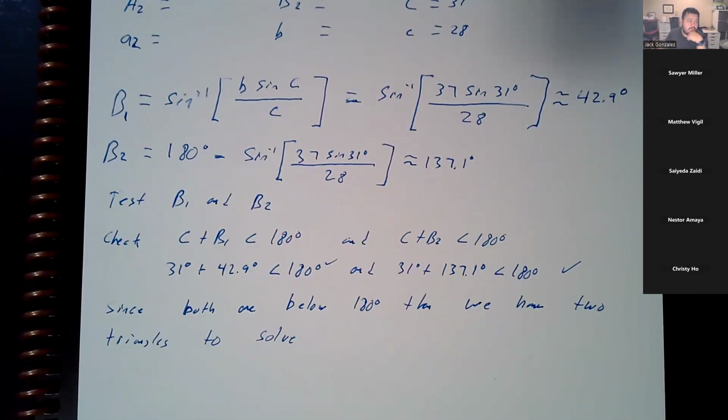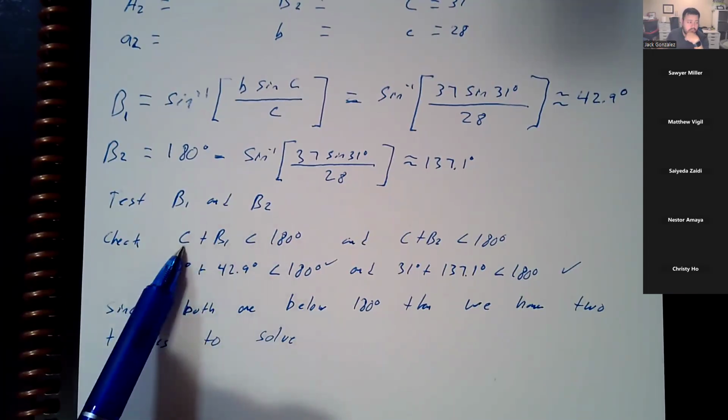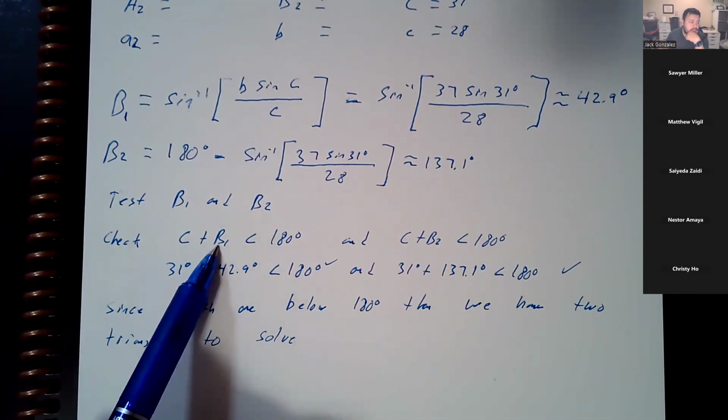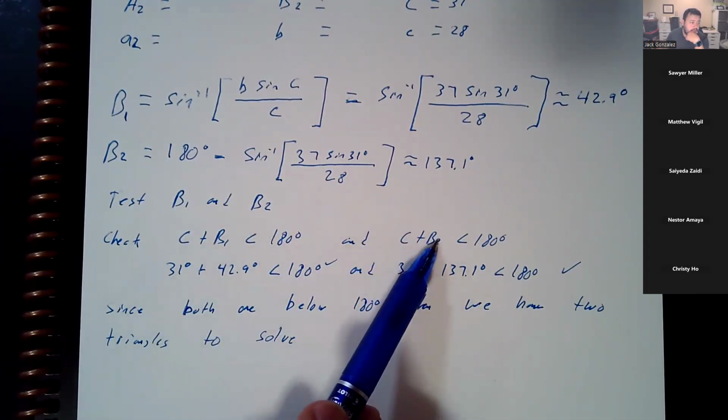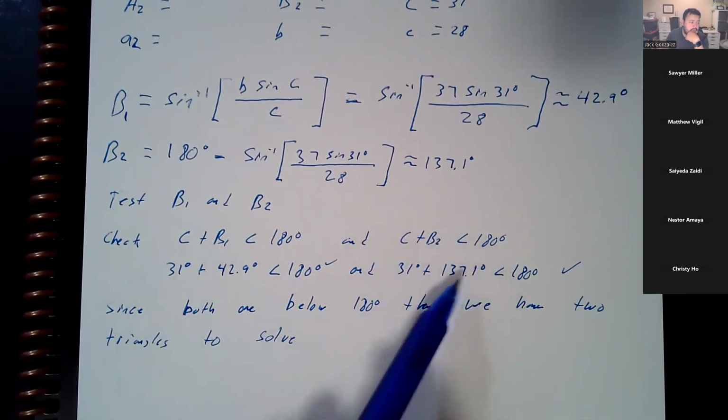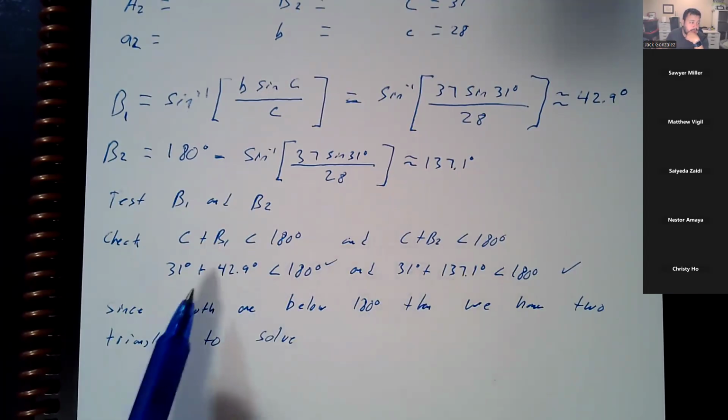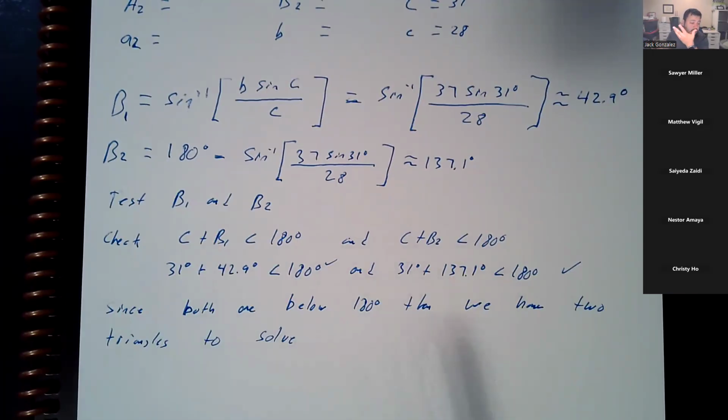So do you see how you check? You check the one that you were given, add it to the one you solve for, and its pair. And if they're both below 180, which they are, right? Then they both work. So you have two triangles.